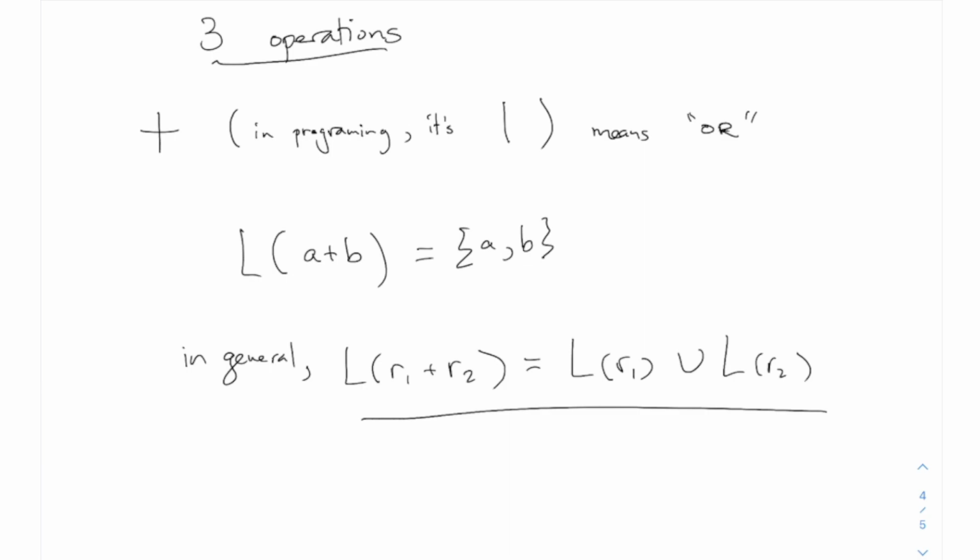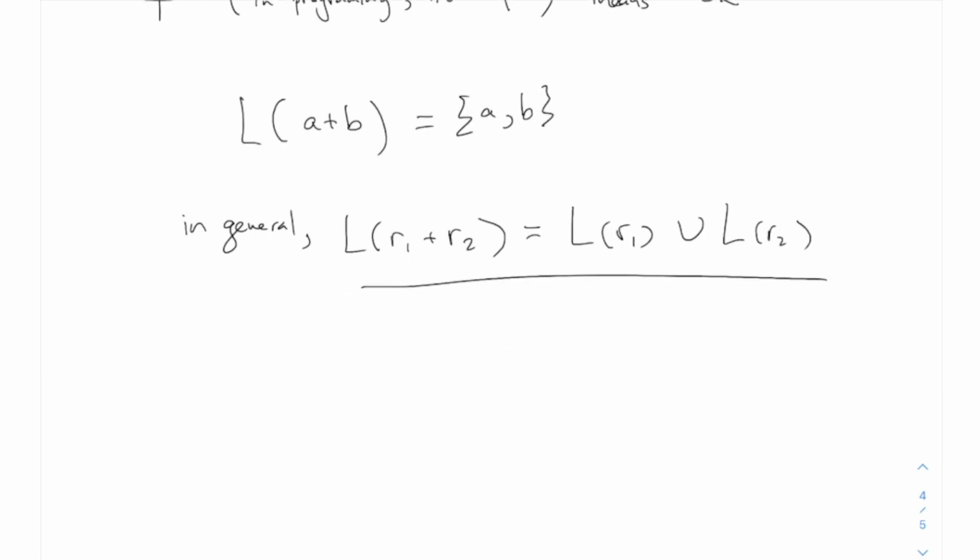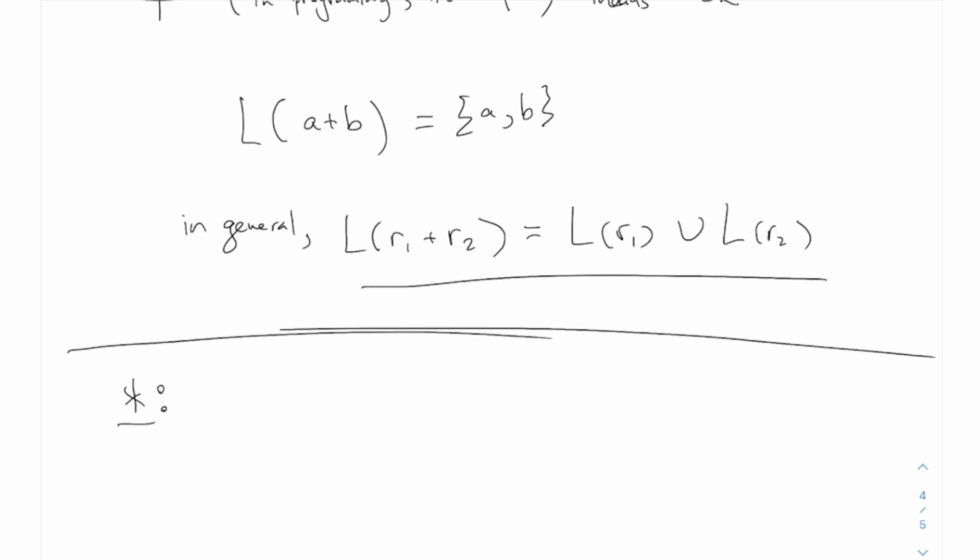What about the star? The star. This is our next operation. The star here actually is meant to have the same meaning as the star in set theory that we've been using so far, like the sigma star. When I write sigma star, that means all possible strings you can get using things from sigma.